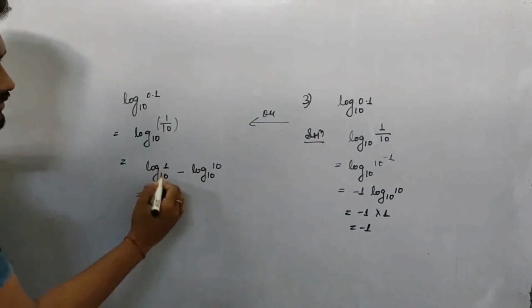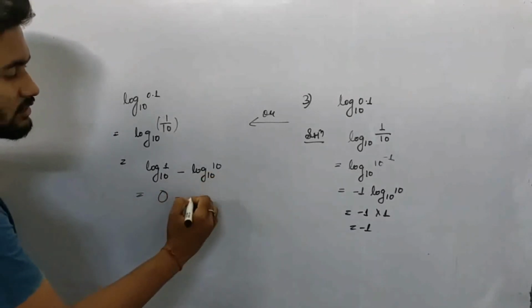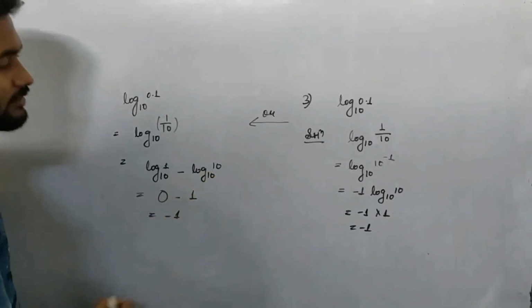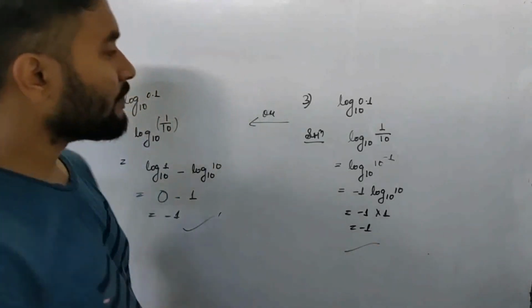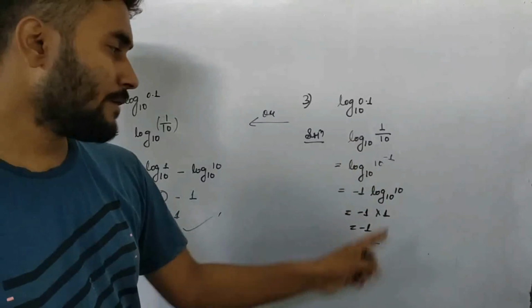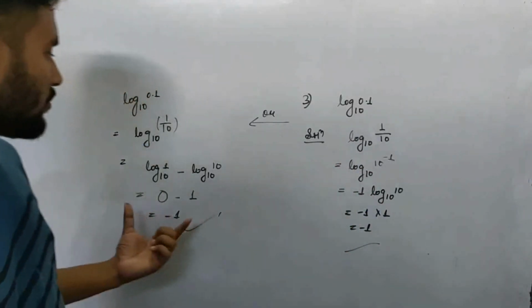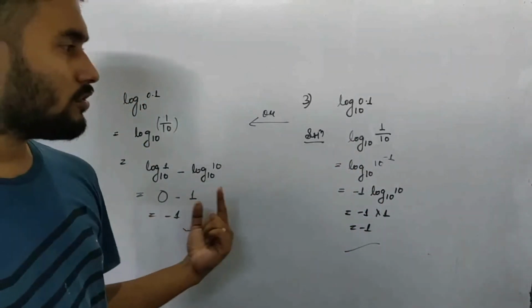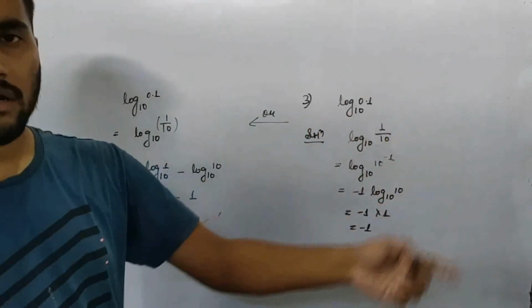What is the value of log 1? It is 0. Minus, this is 1. What is 0 minus 1? Minus 1. So this way also you can do it. But keep this method in mind, we will apply it in other questions also. Both methods are important, so you should know both. You should know that 1 by 10 becomes 10 to the power minus 1.